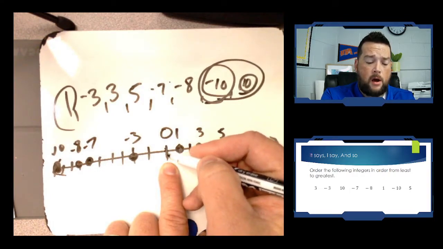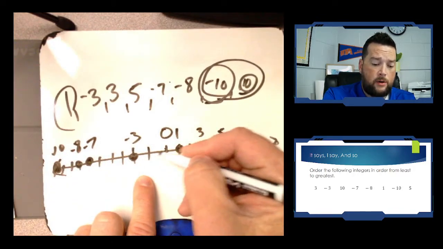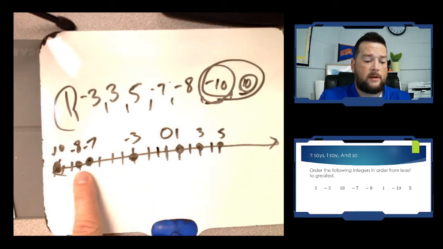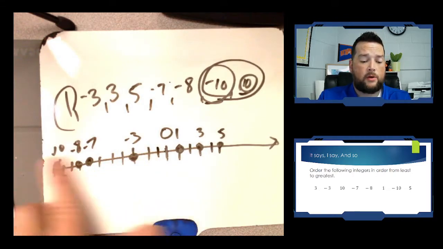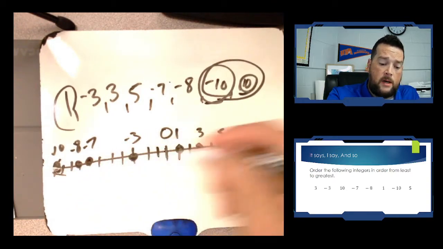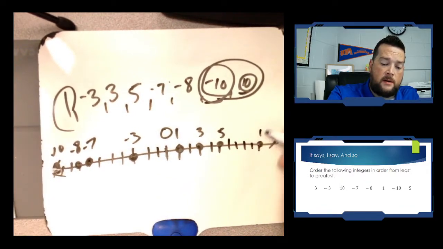Negative numbers start at 0 and go to the left, going down from there. So you'll have 1, 2, 3, 4, 5, 6, 7, 8, 9, 10, and those would be negative right there. We did -8, we did -10, and then we have 5, 6, 7, 8, 9, 10. There's +10 right there.